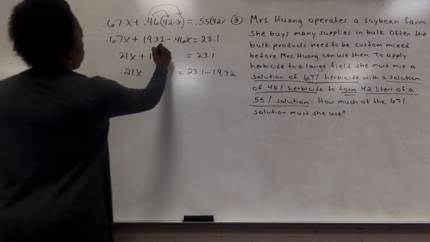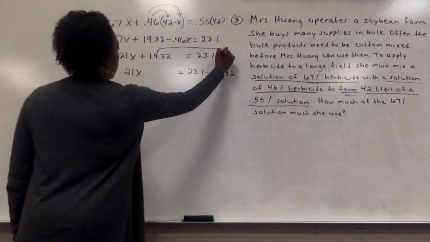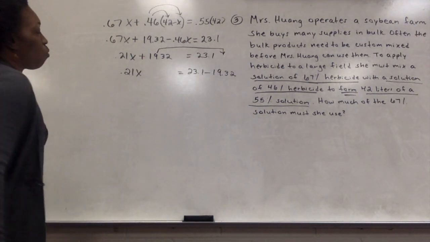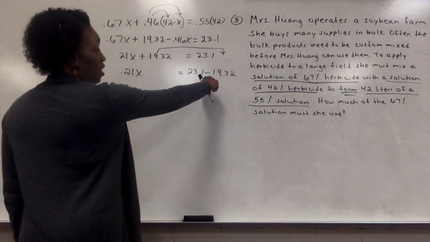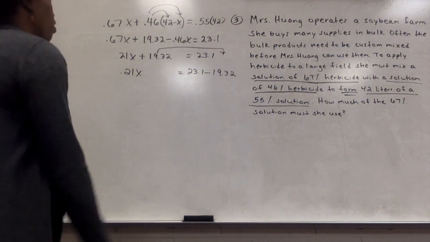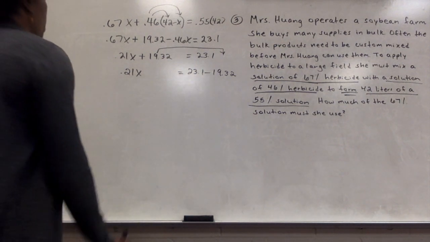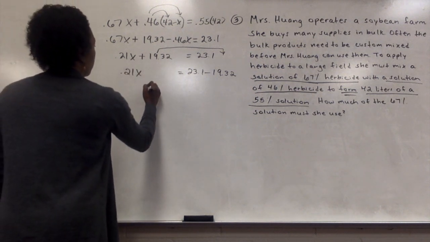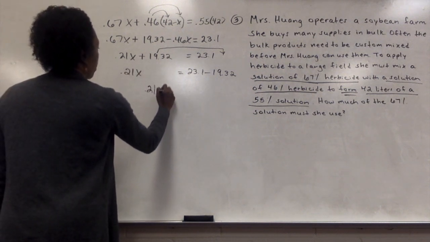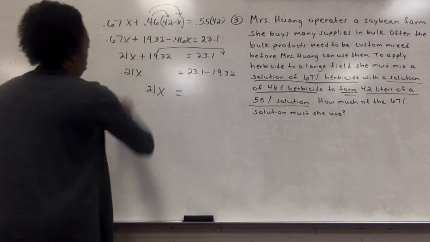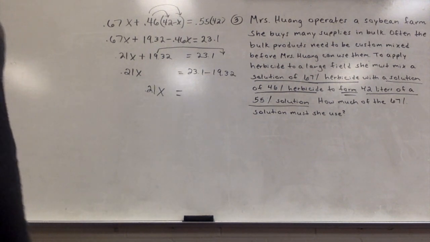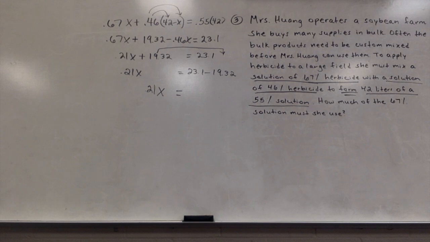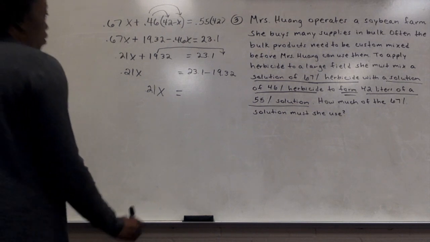So this was moved over, and remember, if it's positive on one side, it becomes negative or subtraction on the other side. Now I still have 0.21x on this side, and I'm going to move it over. And when I subtract 23.1 minus 19.32, that's going to give me 3.78.